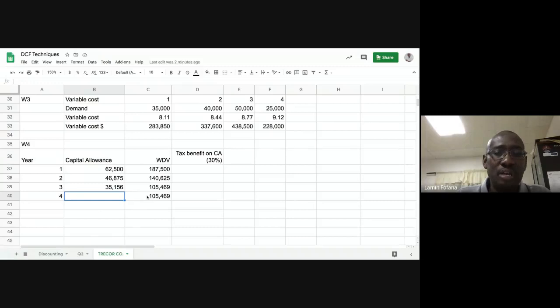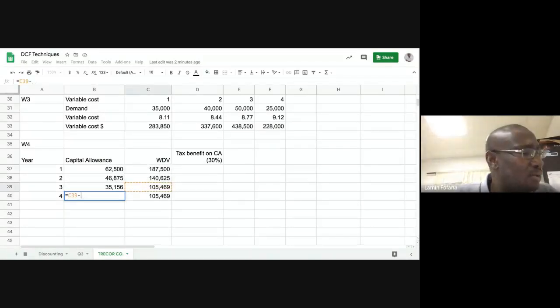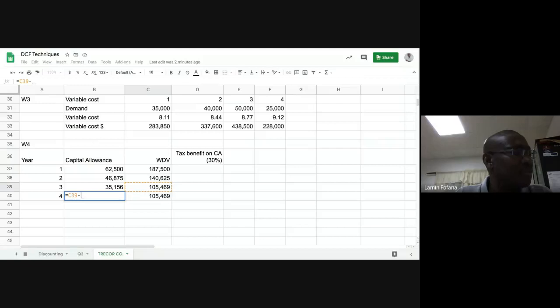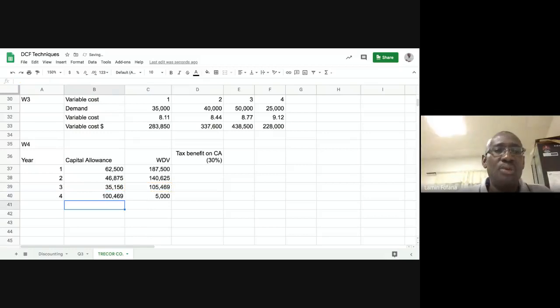So that there is a nil balance here. So we say equals this minus what is the cash proceed, the disposal proceed? 5,000. So we have 5,000, and the balance here will be nil.